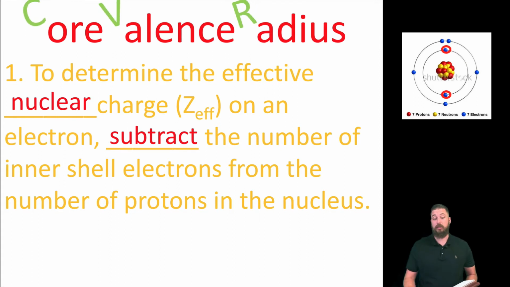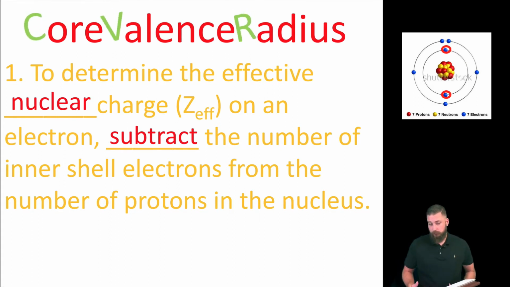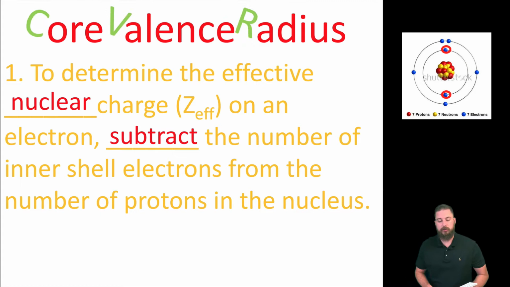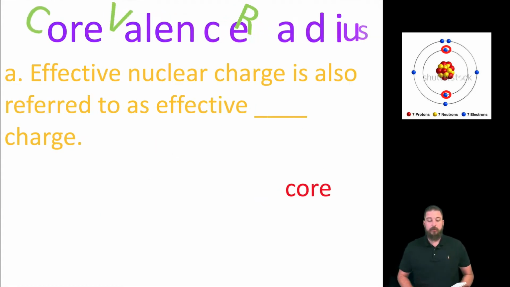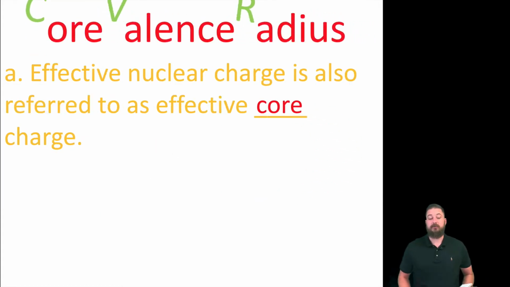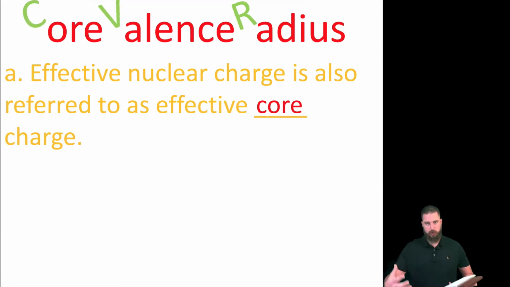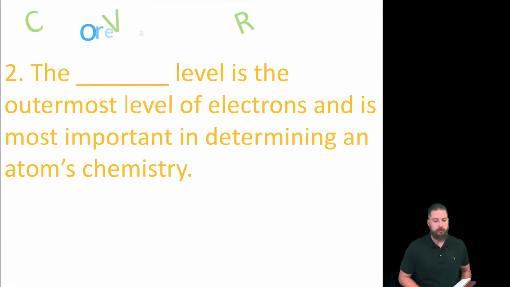But essentially, to figure out the true charge that an electron feels from the nucleus, you have to subtract the inner electrons from the protons. Effective nuclear charge is also referred to as effective core charge, so when we're talking about these things, we'll refer to it as that.